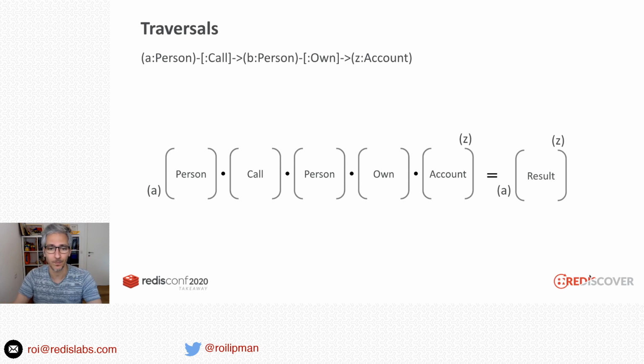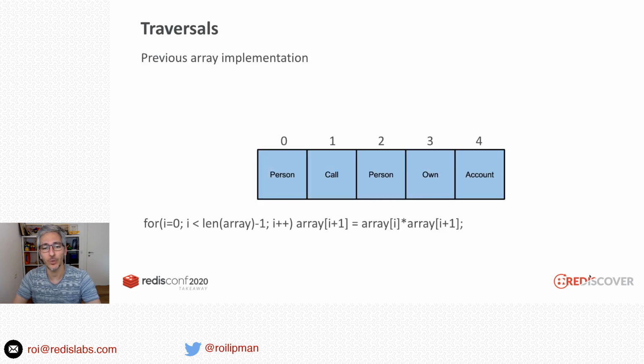account node. And so up until this new version of Redis Graph, we were using just a simple array to represent an algebraic expression. Each entry within the array would stand for an operand, basically a matrix, and we would just scan through the array, performing the multiplications left to right to compute the expression.